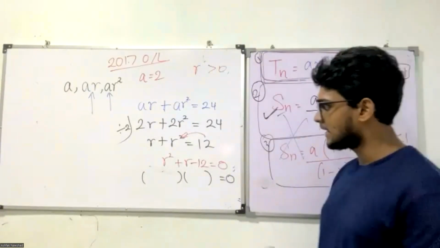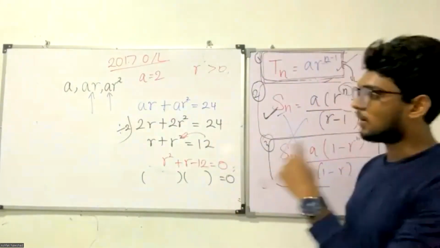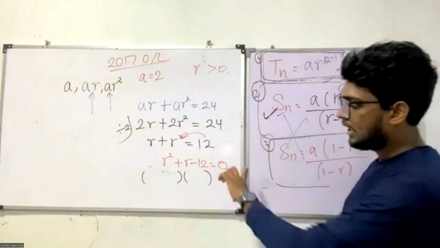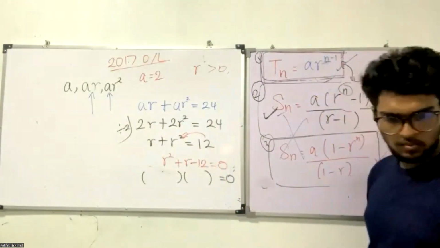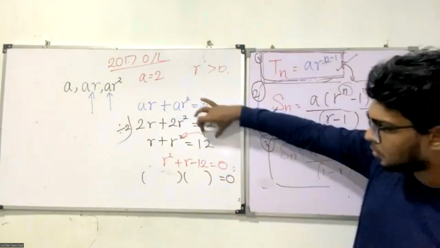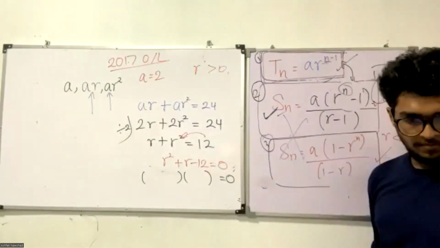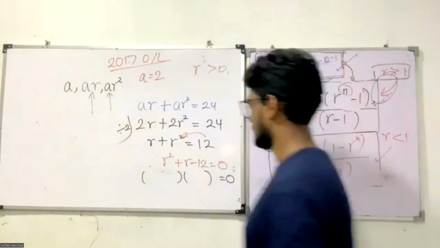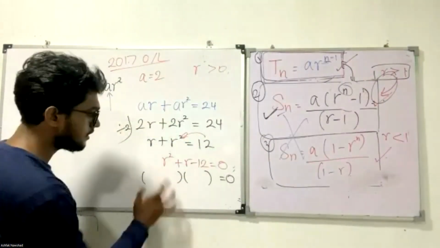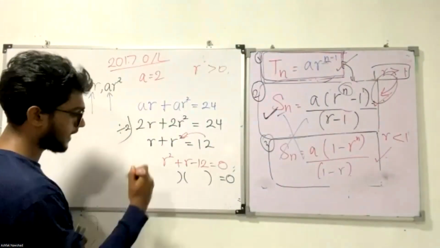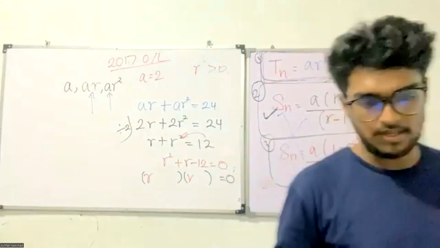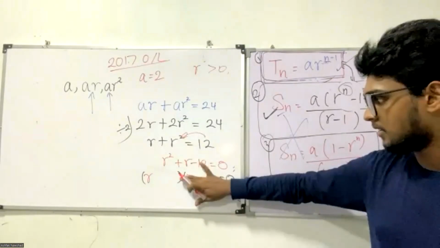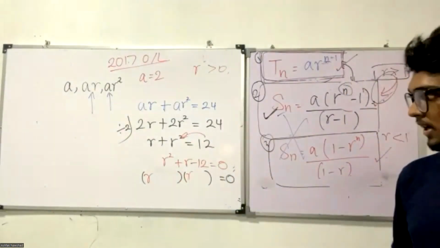Right. And then in order to solve a quadratic equation, again we have to make one side of the equation 0. That's why I took the 12 to the other side. Right. Great. Nice. Right. Now we have to break into factors. This part I'm not going to explain here. This is again about quadratic equations.